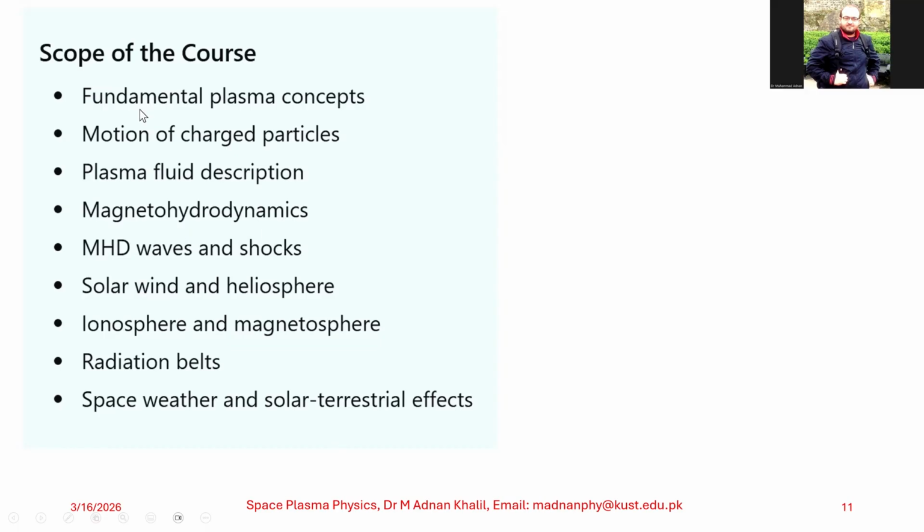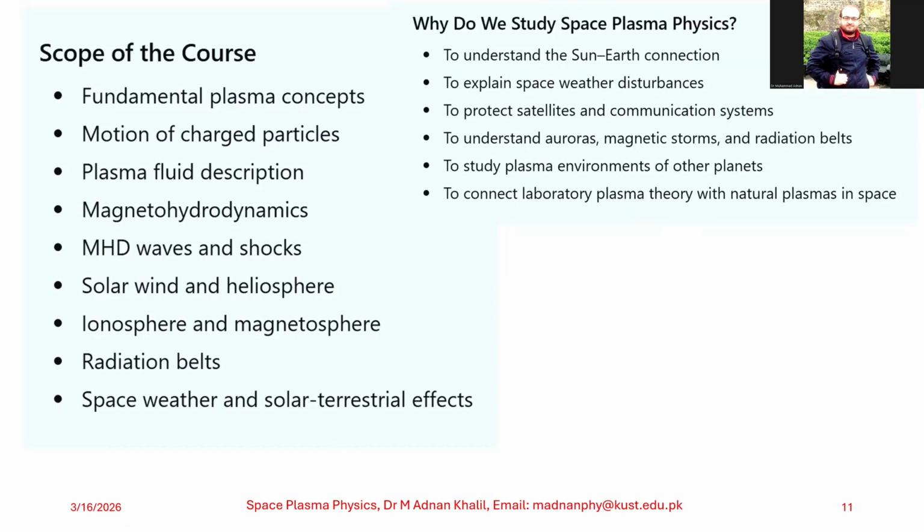Sometimes we need to understand these concepts, for example, to explain space weather disturbances, to protect satellite and communication systems, and to understand the auroras, the magnetic storms and the radiation belt. These need to be explored before they can damage space-based technologies.